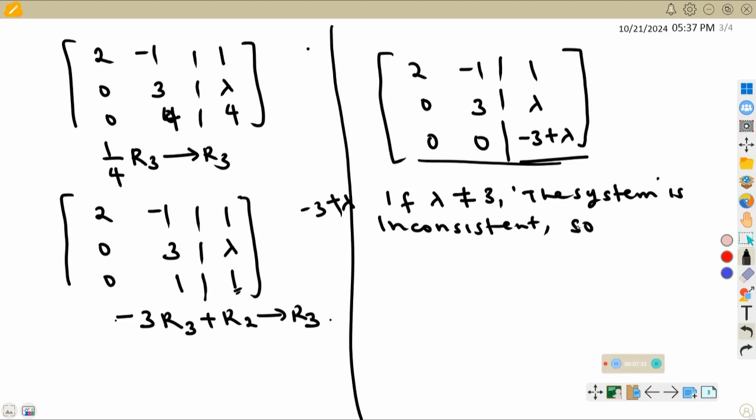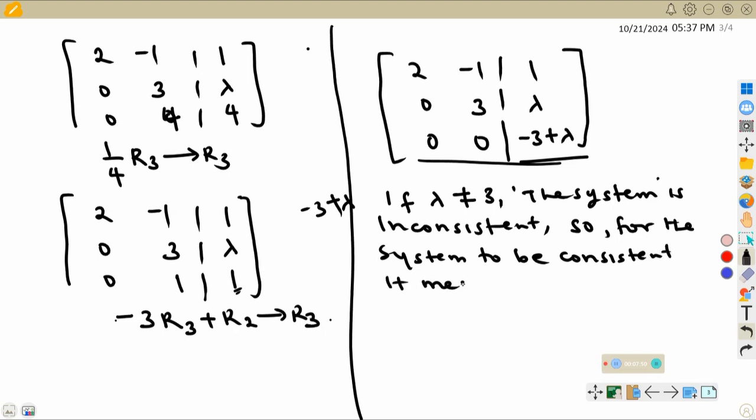So for the system to be consistent, it means lambda must be equal to 3. Otherwise, the system will be inconsistent. That is when lambda is not equal to 3.